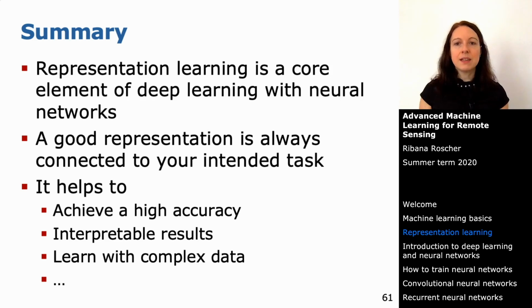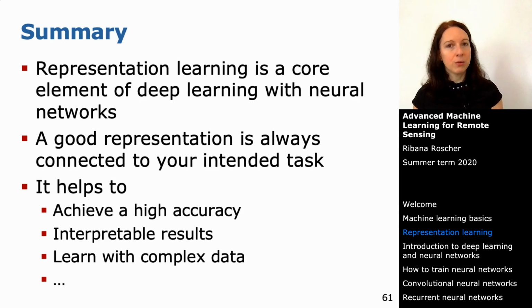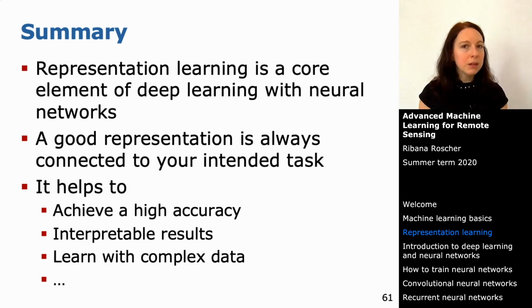A good representation is always connected to your intended task. That's why neural networks are so powerful, because you tune your data representation at the same time while solving your specific task you want to solve. And it helps to achieve a higher accuracy and interpretable results.